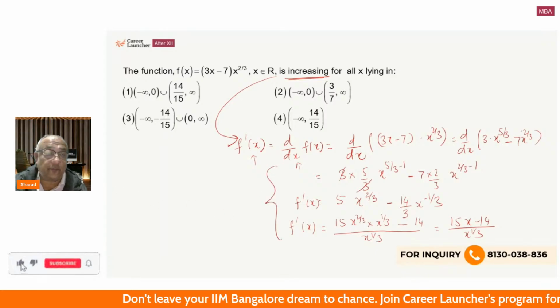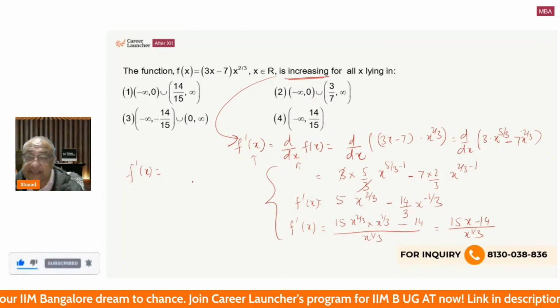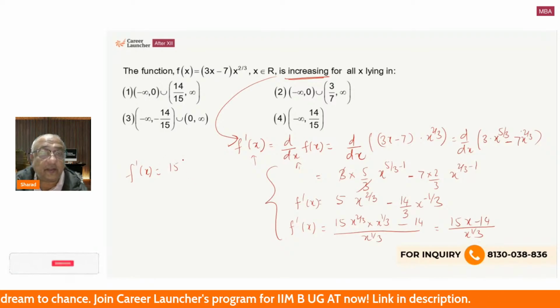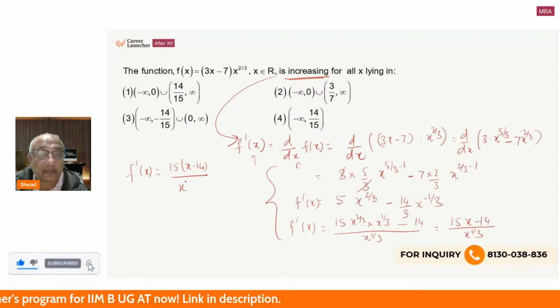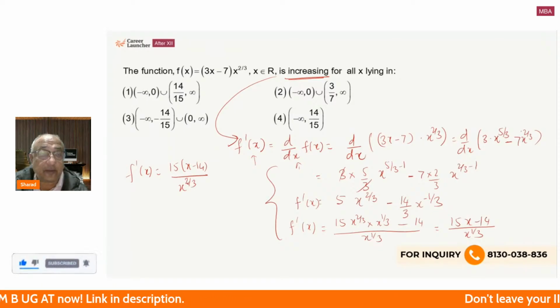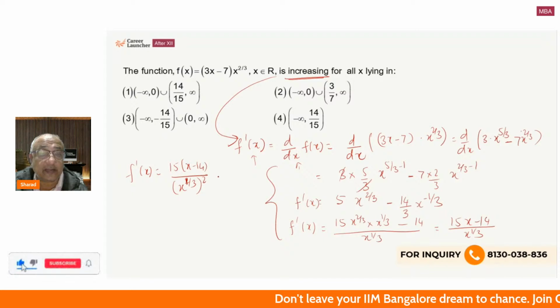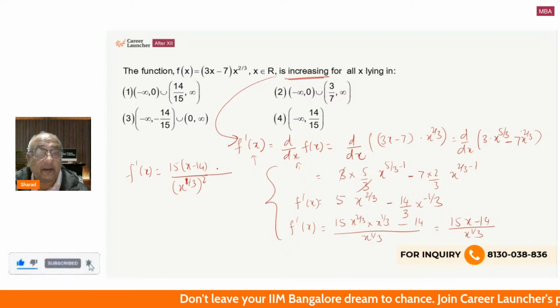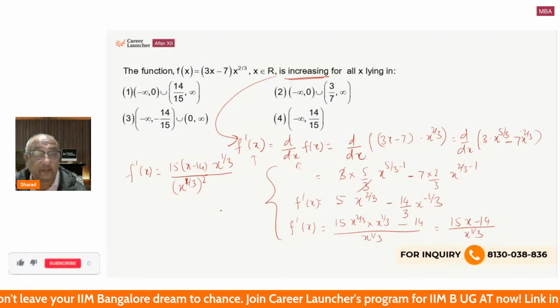Now I have to make my sign scheme. F dash x is 15 common, x minus 14. Let us multiply and make an even power over here, x raised to the power 1 by 3 whole square, so that the sign of the denominator comes into the numerator. I have multiplied by x raised to the power 1 by 3.